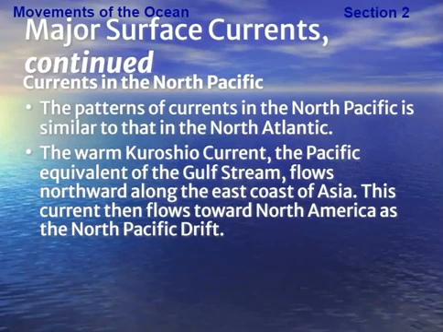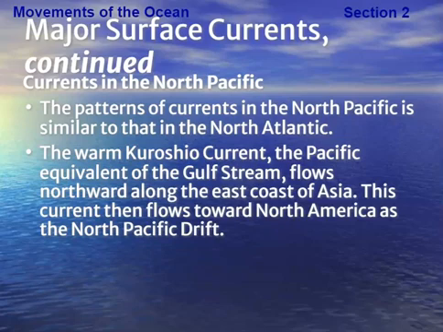We have similar patterns to this in the northern Pacific. We have the warm Kuroshio current that runs up along Japan. So it's moving heated water from the equator northward along Japan. It's the Pacific equivalent of the Gulf Stream. It flows northward along the east coast of Asia, and then it flows towards North America as the North Pacific Drift.